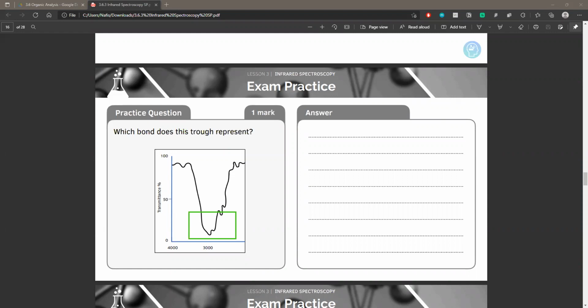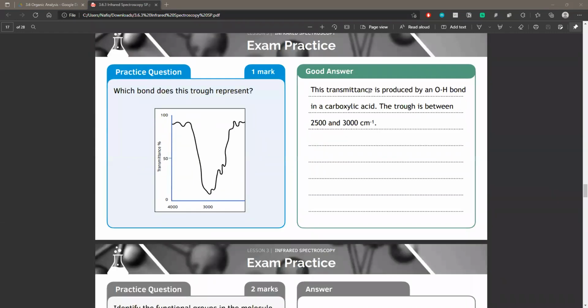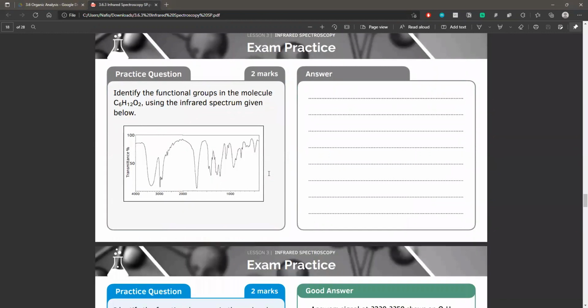Yeah, it's probably going to be a carboxylic acid peak. So the trough is probably going to be the OH bond in carboxylic acid because it's a broad peak between 2500 and 3000.